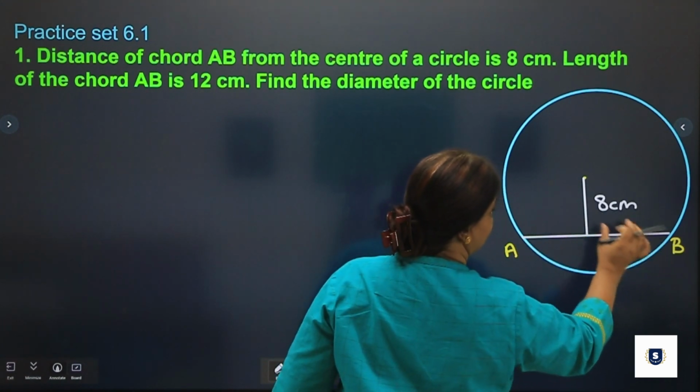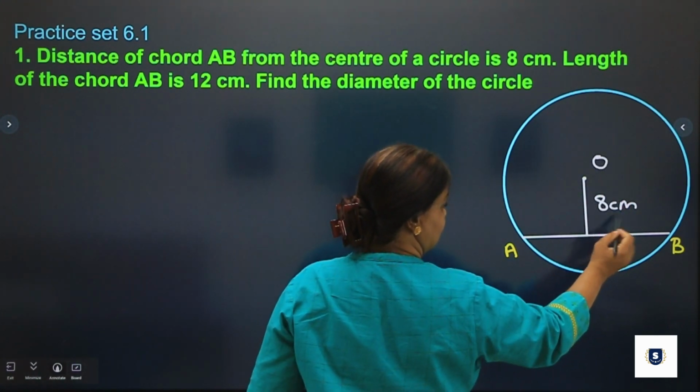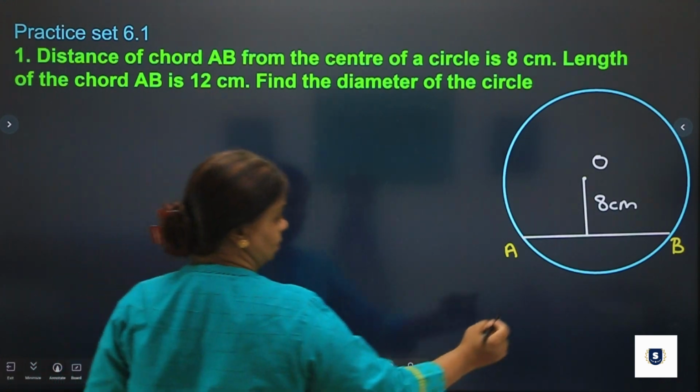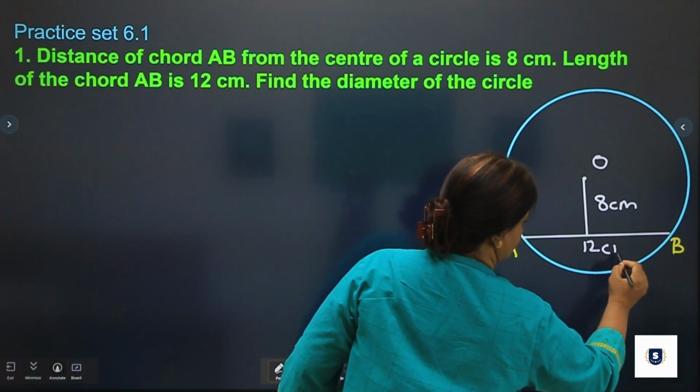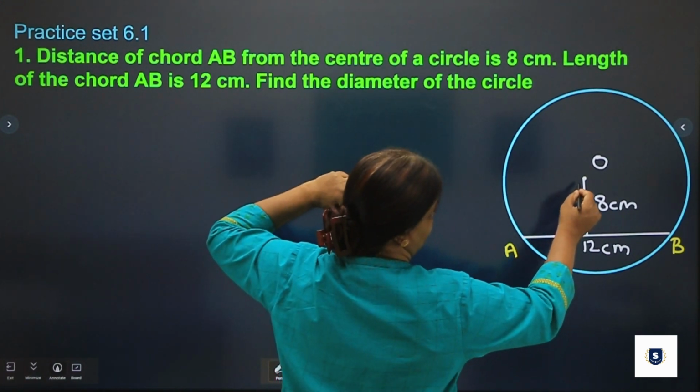Means chord AB is away from the center of the circle, say O, by 8 centimeter. Length of the chord AB is 12. Find the diameter.